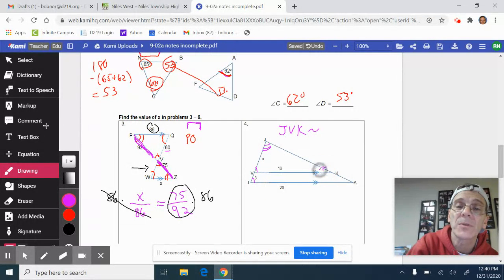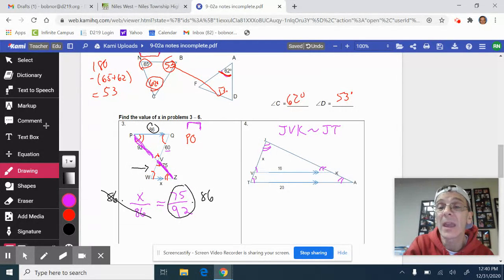That one was congruent to that one. So the J corresponds to itself. The V corresponds to the T. And then the K corresponds to A. Okay, I've got the triangles named properly. I know they're similar because all of the angles are the same.